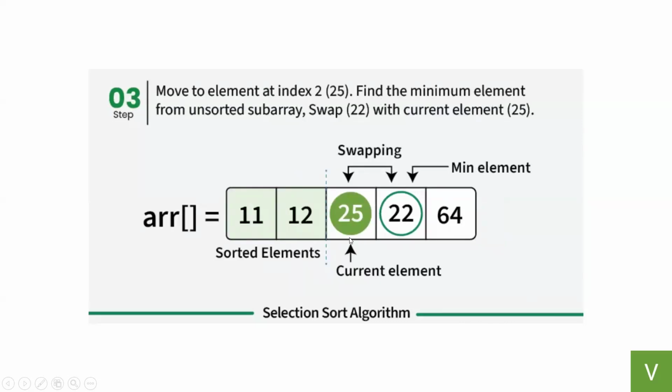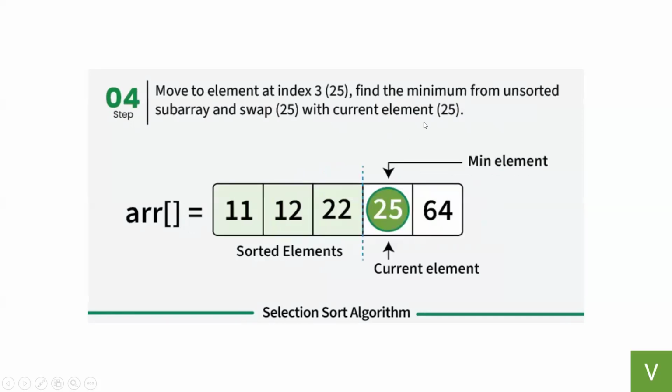Now we repeat this entire process until the total number of iterations are completed. In step 3, we compare 25 with the remaining elements. At the final result, we swap 25 with the current element 22. Step number 4, we swap 25 with the current element 25.